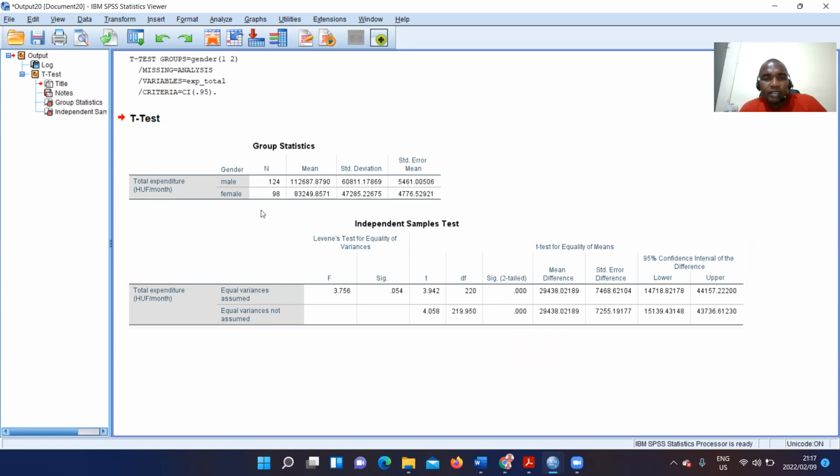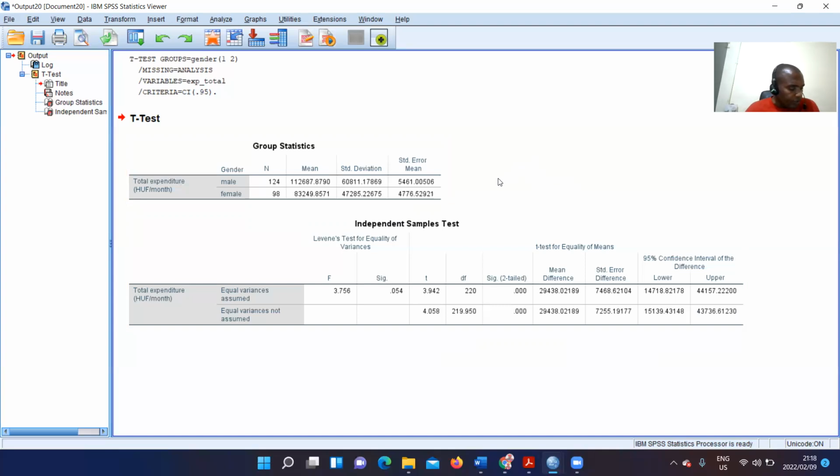So we reject the notion that these two mean expenditures among men and women are the same. So we reject that.